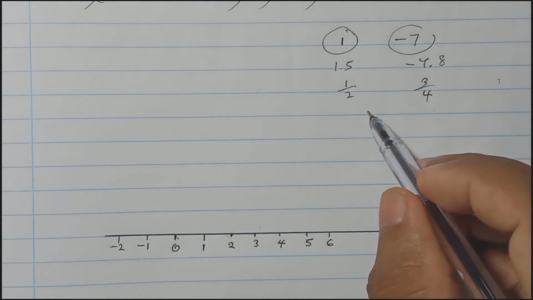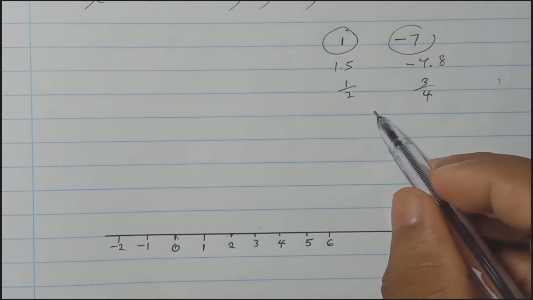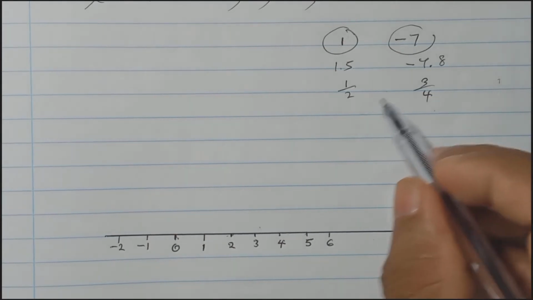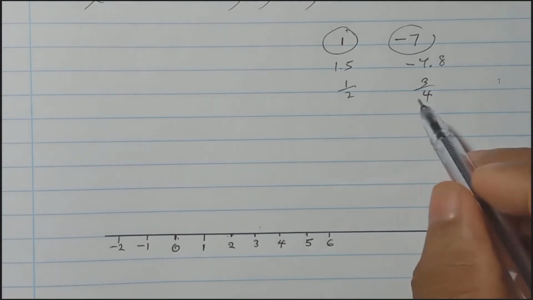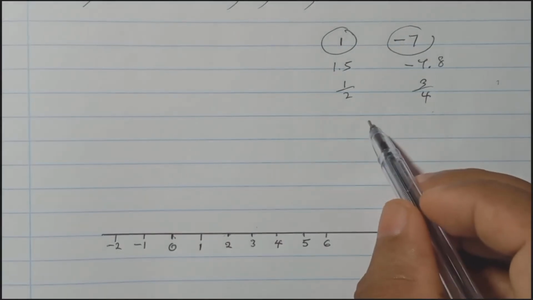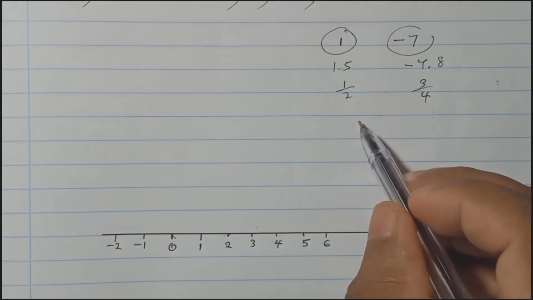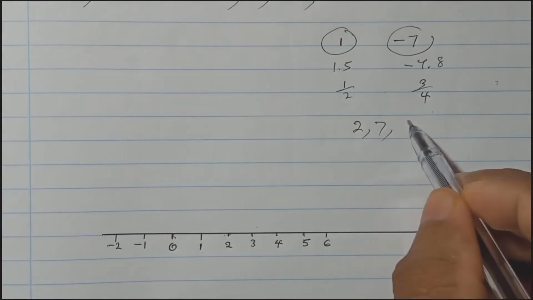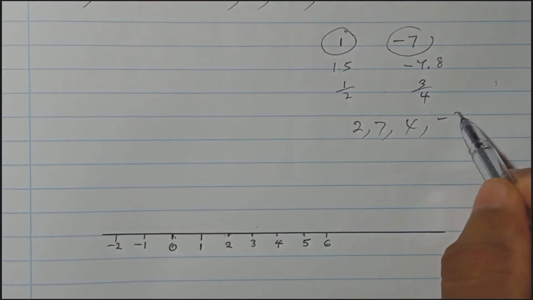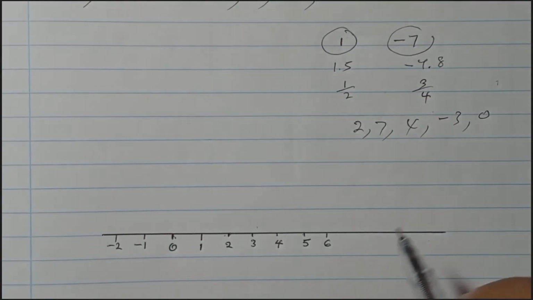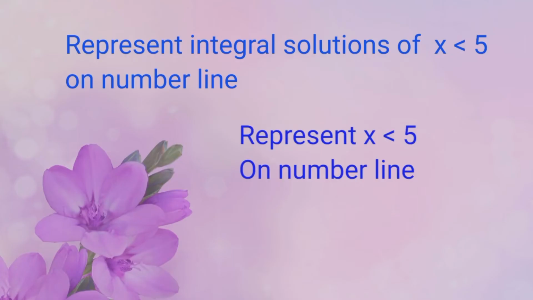Normally proper fractions or mixed numbers like that can't be. You can get the basic idea like that. It can be only an integer value. 2, 7, 4, minus 3, even 0 is an integer. Get that basic idea. It will help you to do some questions in inequality.